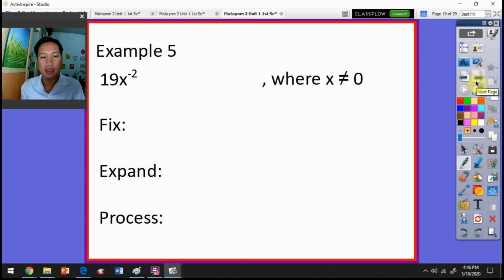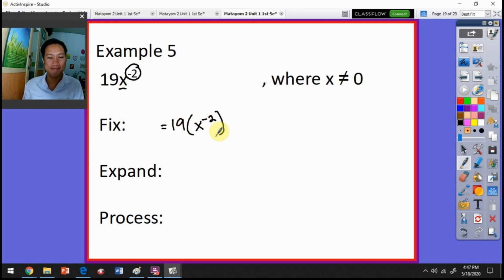All right, now let's look at our a little bit complicated question. 19x to the power of negative 2. What is the base? What is the exponent here? The exponent is negative 2. What is the base? X only, no parentheses. So when we fix this, it will become like this one. Expand? No need for expand.